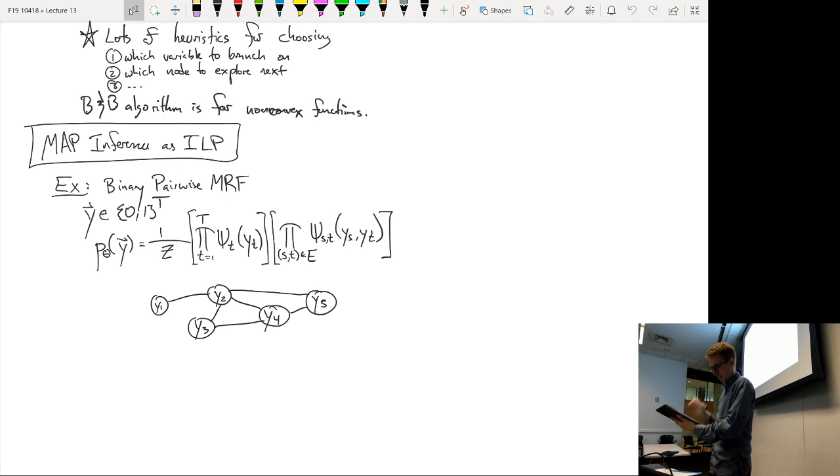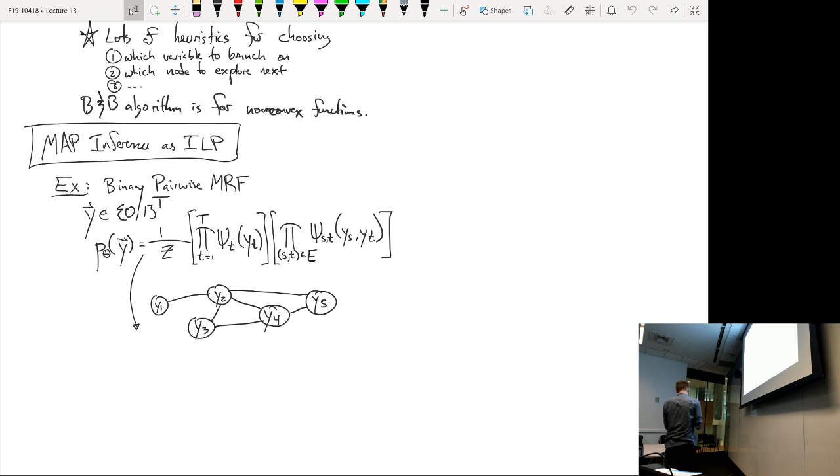Okay. All right, so this is our pairwise MRF, and now what we want to do is say that we can instead work with a slightly different form of this, because we know that all of these potential functions are non-negative.